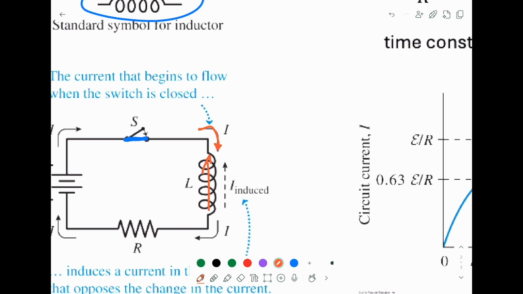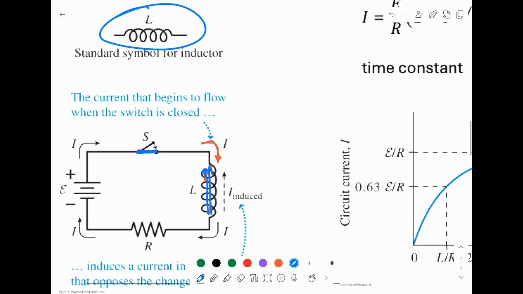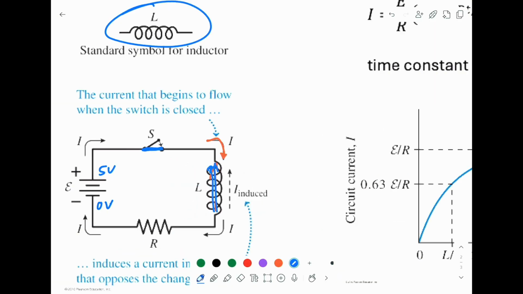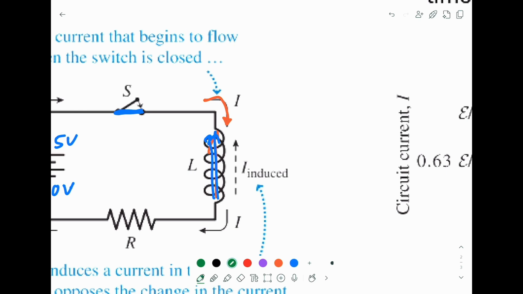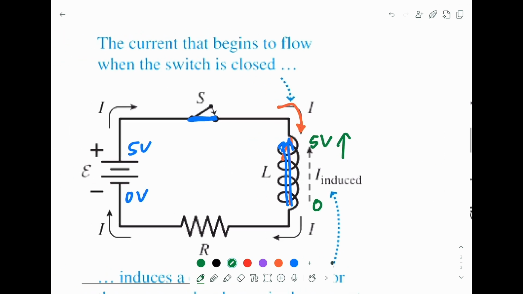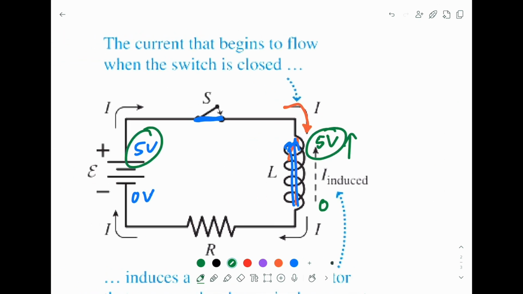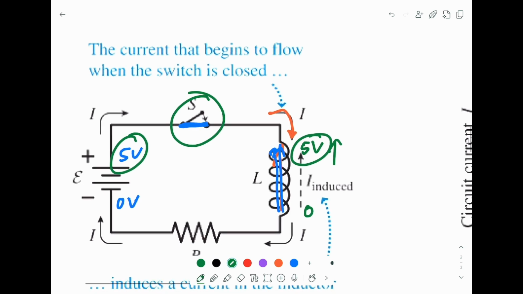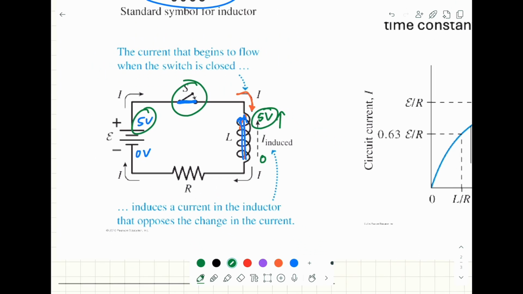This change of magnetic flux in the coil will create an EMF. So if this is, say, 5 volt, 0 volt, the induced EMF will be opposite to this one. It means the induced EMF will also be 5 volt, 0 volt, opposite to here. So at the moment you close the switch, there is no current passing through. But this cannot be lost. So that is what happens.